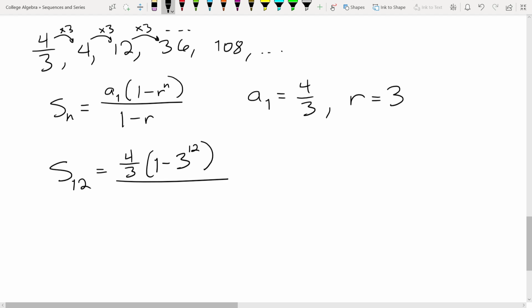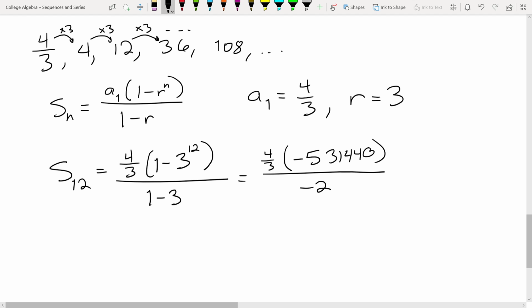It's going to be 4/3 times 1 minus 3 to the 12 over 1 minus 3. 3 to the 12 is a big number. 1 minus that is negative 531440, over negative 2. And I'll just multiply all those together.